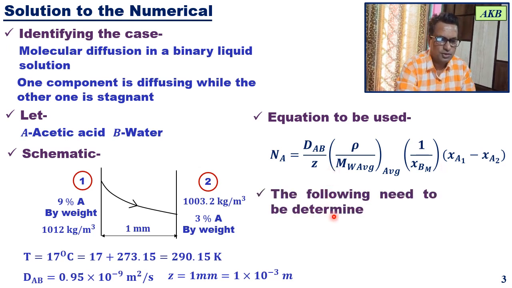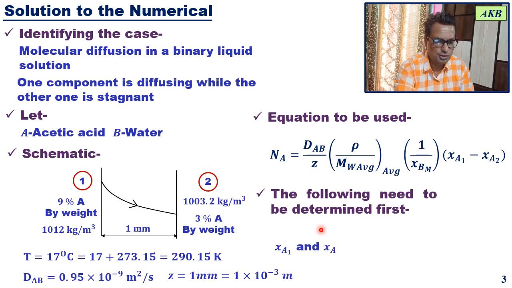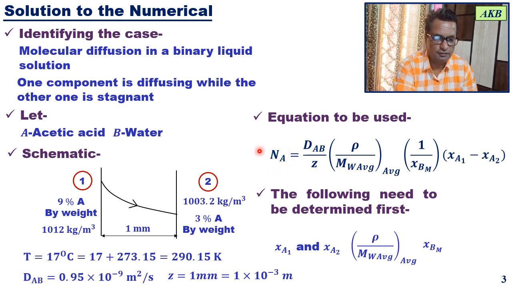That's what I have listed over here. The following need to be determined first. We need to determine XA1 and XA2, we need to determine rho upon MW average value, and we also need to determine XBM. So first we will determine all this, and then we will use those values in this equation to get the final value for NA, which is the rate of diffusion.